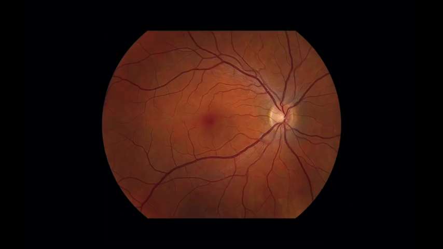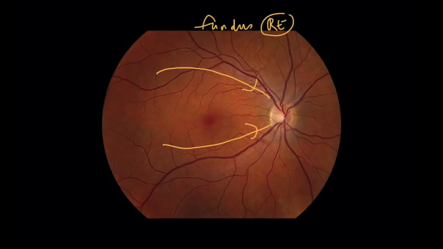Now just come back to this fundus picture. This fundus picture of the right eye explains something very important. This is the topographic view, and what we see is the retina. The retinal ganglion cell axons come from all around and converge into this optic disc.